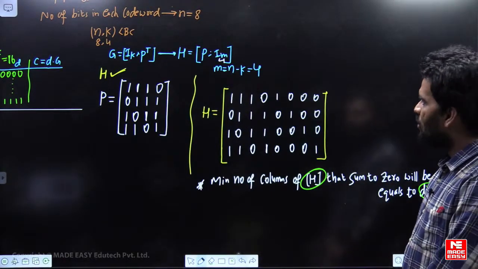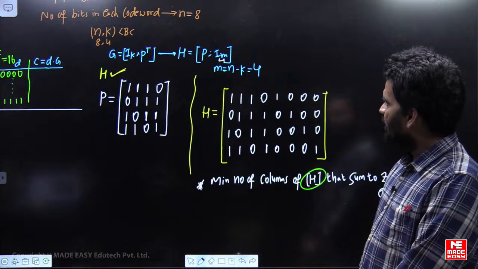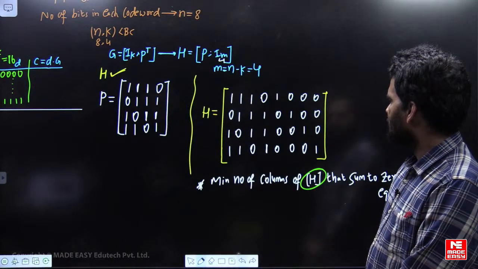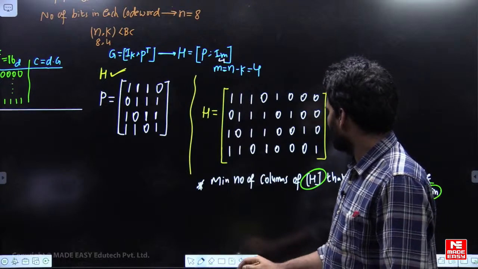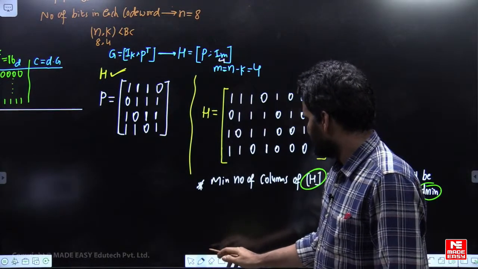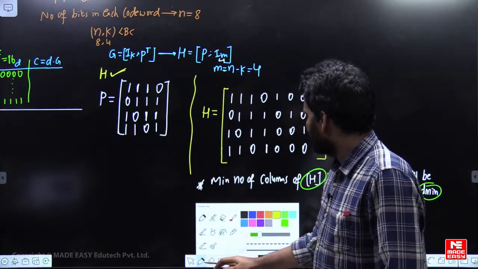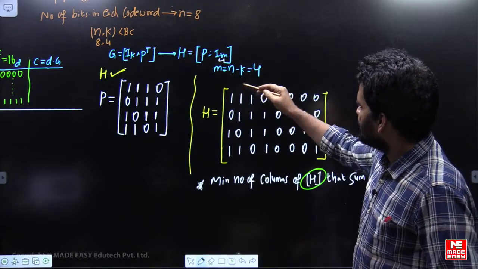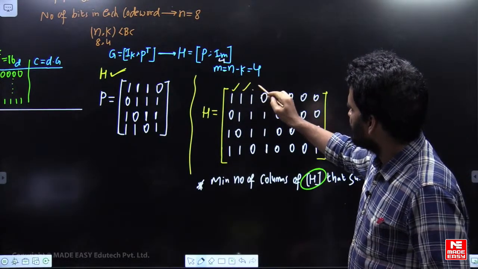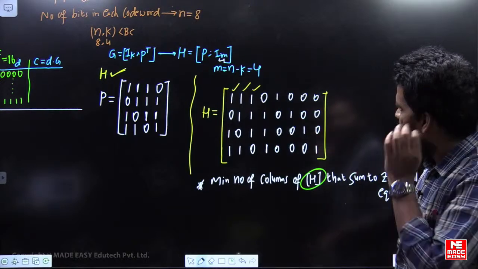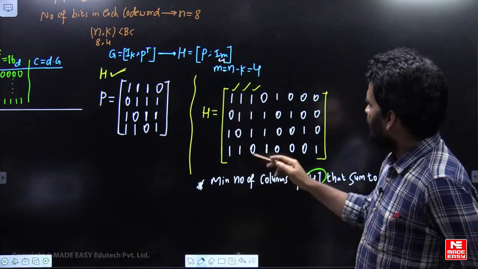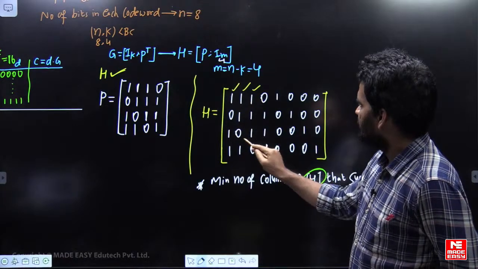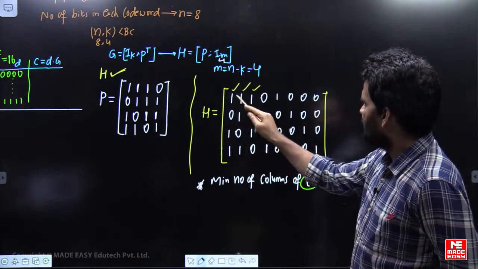The sum of any four columns, if you check, I think will become 0. Check that. If you add these three columns, it is 1, but this is 0 0 0 and here it is becoming 1.